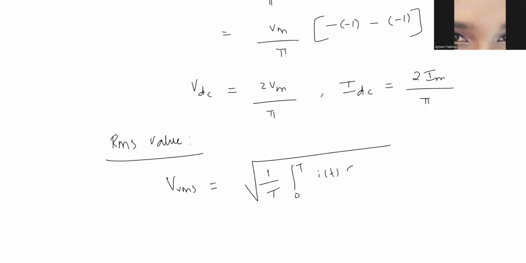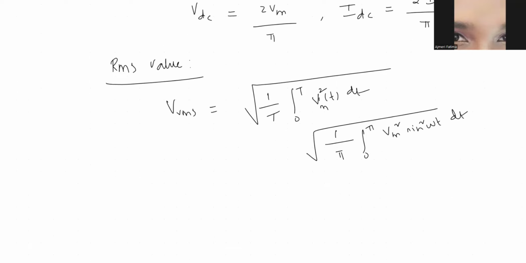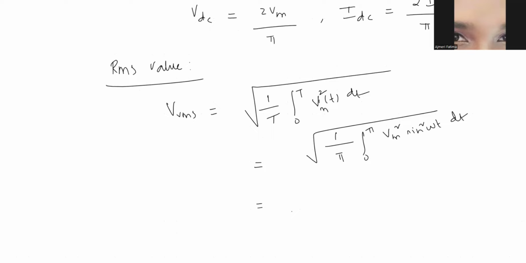We are finding V. So the time period in full wave rectifier is pi: 1 by pi integration 0 to pi, and this will be Vm square sine square omega T dt, right? In RMS value, we just square this. So that implies under root 1 by pi, Vm square written outside, and sine square omega t can be written as 1 minus cos 2 omega t by 2.